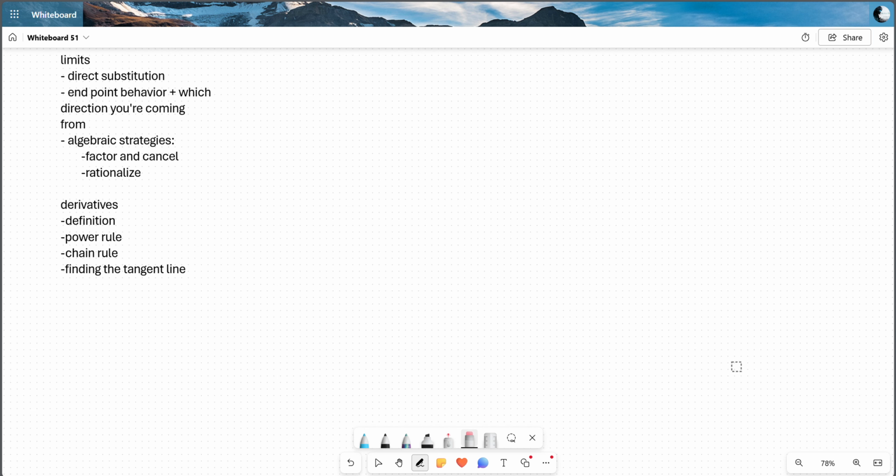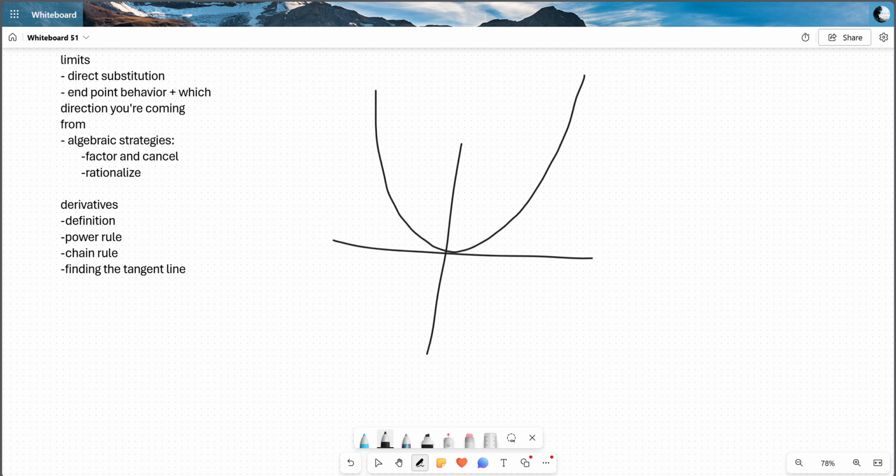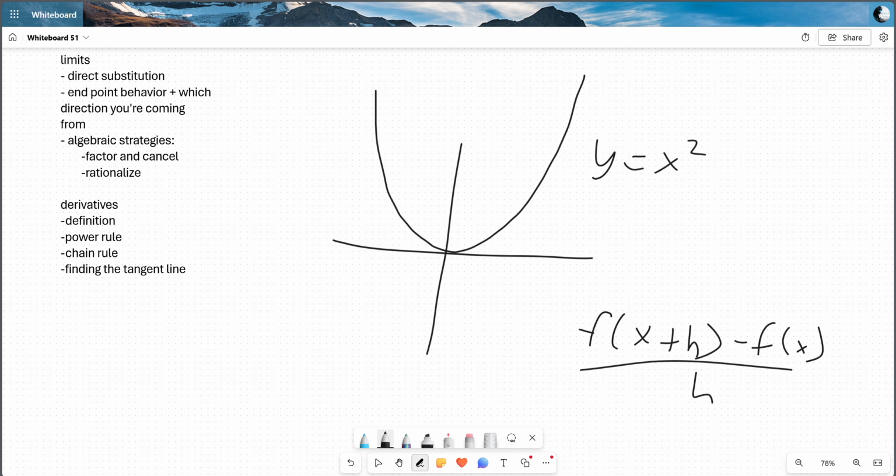But now we're just going to talk about the power rule, right? Say we have x squared here. Let's say this is the function y equals x squared. Let's figure out the slope at a couple points. Remember our formula is f of x plus h minus f of x divided by h, limit h tends to 0.